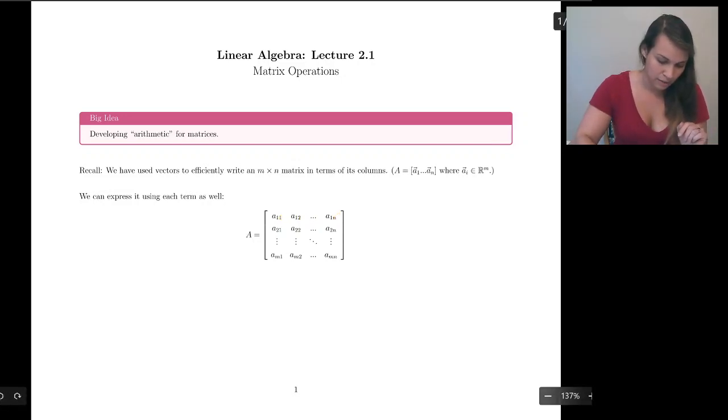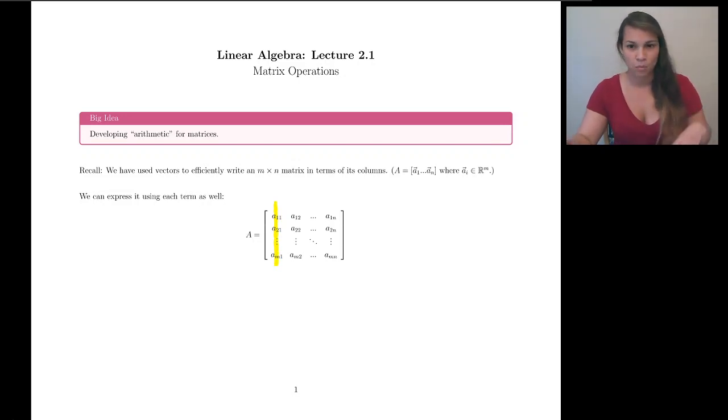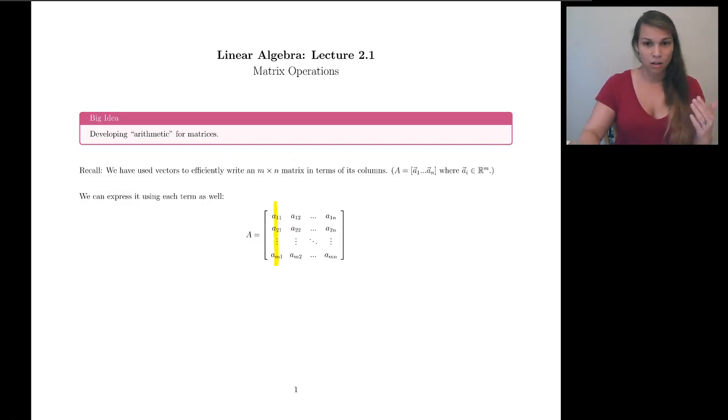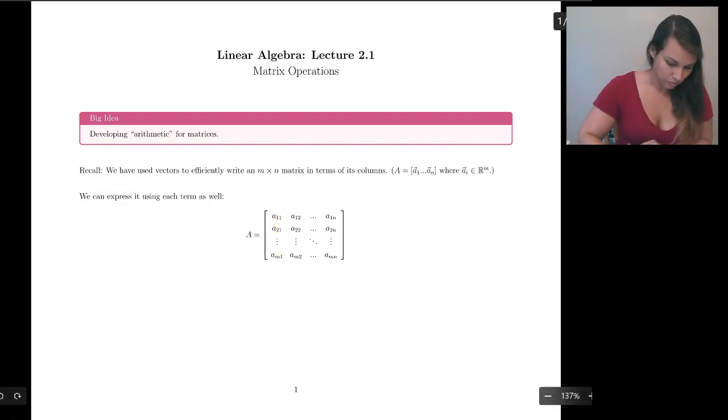And then if we go down, we've got a11, a21 all the way down to am1. That's because the columns are staying constant here. This is column 1. We are looking at the second entry, and that entry represents column 1.